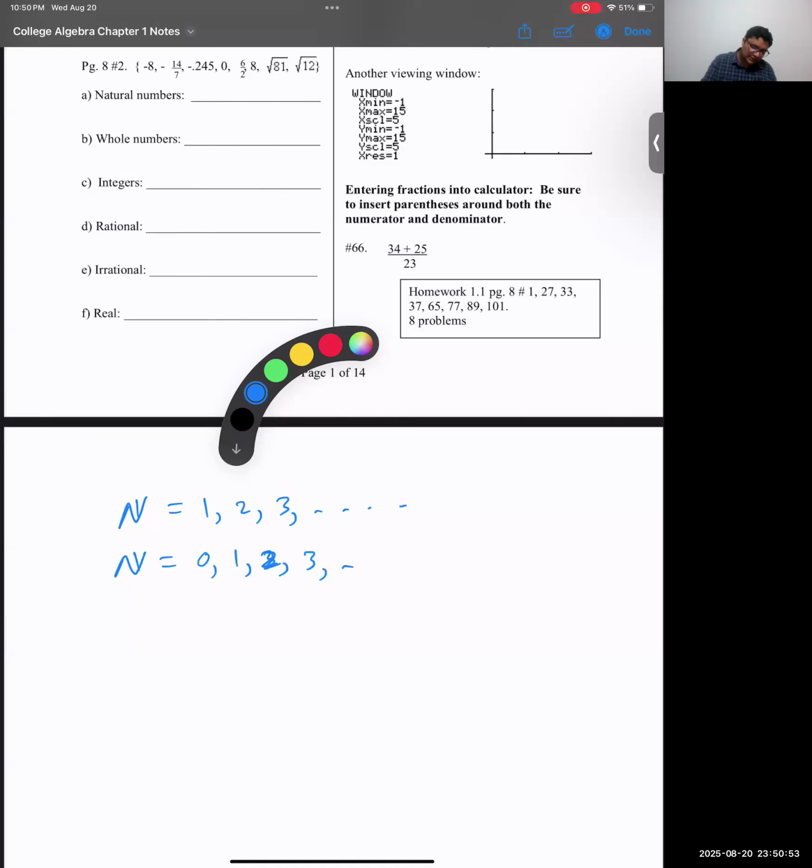Okay, now this might sound confusing initially, but if you give it more serious thought, it's not that confusing. It's just a question of what convention you want to follow, right? When people use this for natural numbers, they won't talk about whole numbers. That is why I said this is not a standard notation.